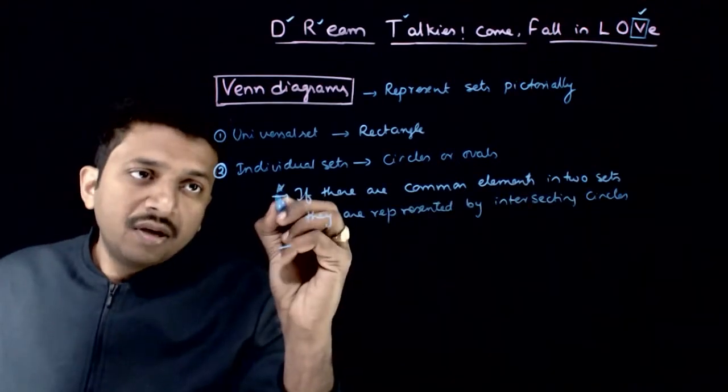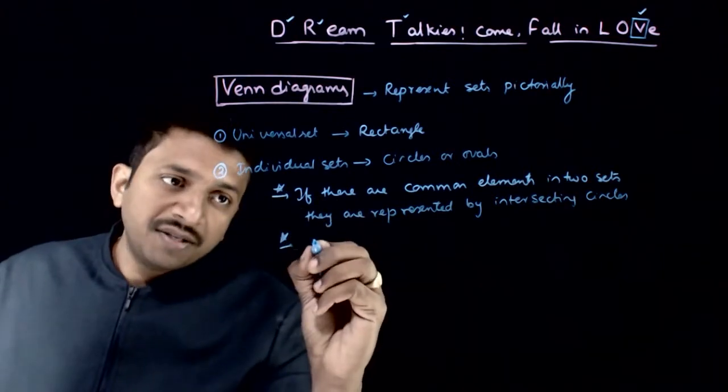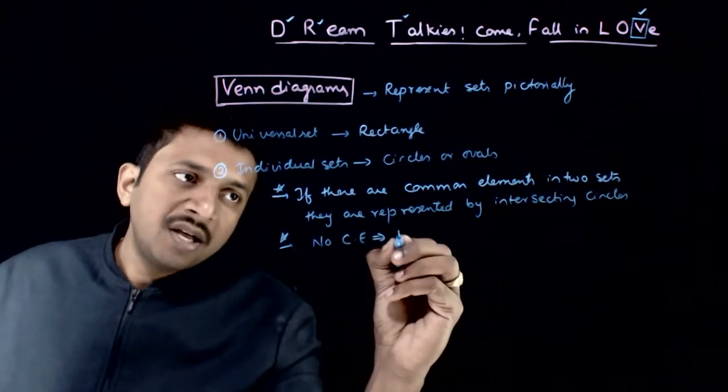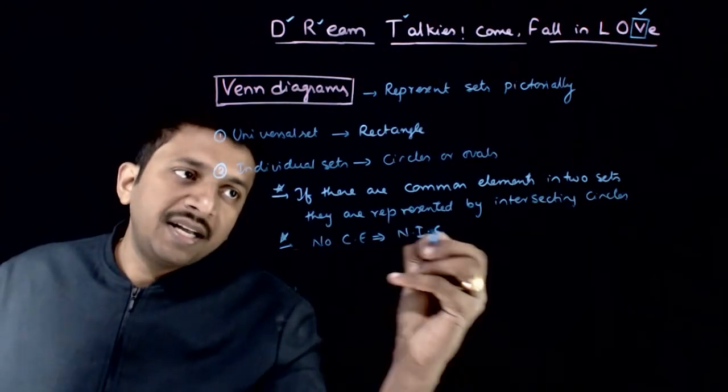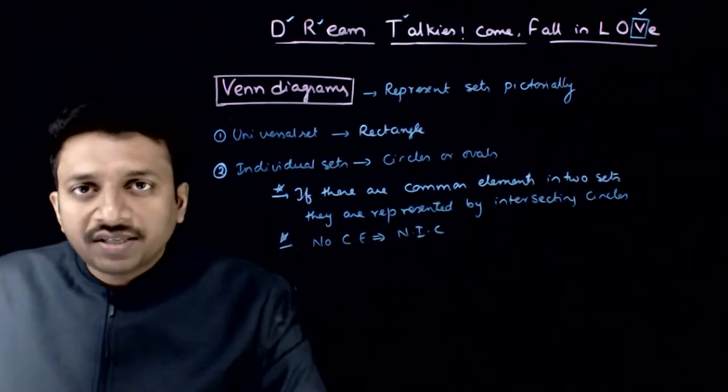And what is the opposite of this? If there are no common elements, it implies non-intersecting circles. No common elements implies non-intersecting circles.